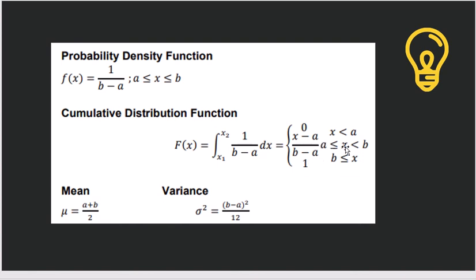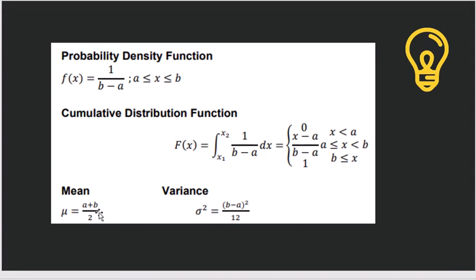This applies when x is less than a, then when a is less than or equal to x and x is less than b, and when b is less than or equal to x.